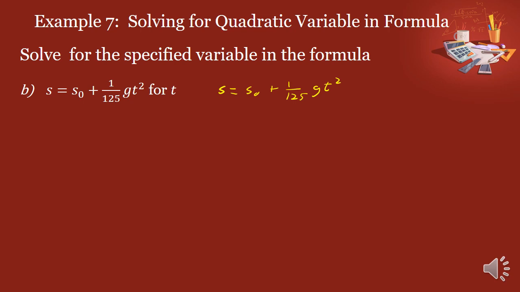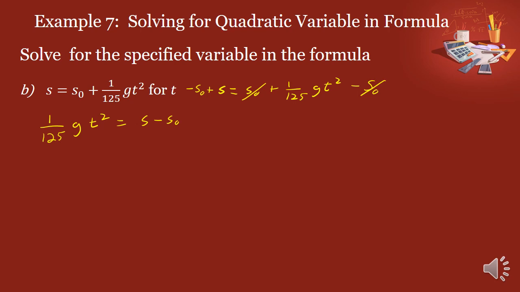We can do that by subtracting s0 from both sides. All right, and then we simplify, these cancel, and we have 1 over 125 g t squared is equal to s minus s0.